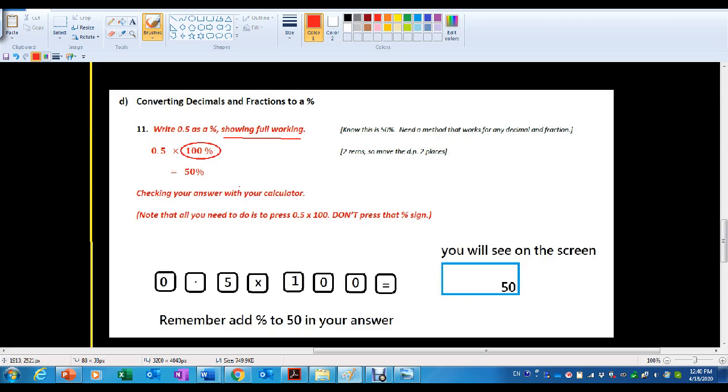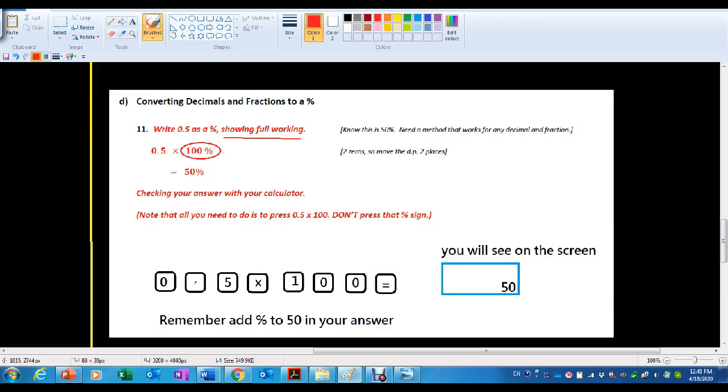All you need to do in your calculator is use 0.5 times 100, and then you add that percentage sign in your answer. So that would be good, but you still need to show the working. In the calculator, don't press that percentage sign, otherwise you won't get your answer.